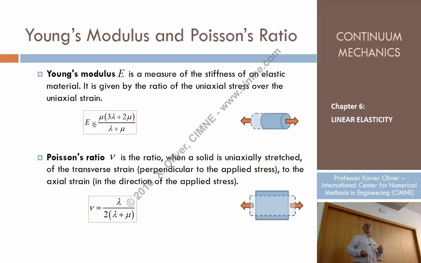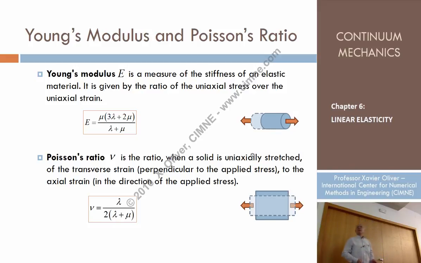And if E is smaller, then we have to place a smaller stress. So somehow the Young modulus talks about the stiffness of the material in a certain direction, to produce uniaxial elongations from uniaxial stresses. Of course, since the material is isotropic, this capacity is independent of the direction.